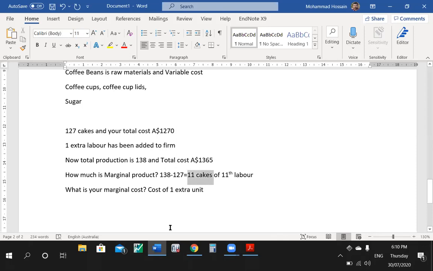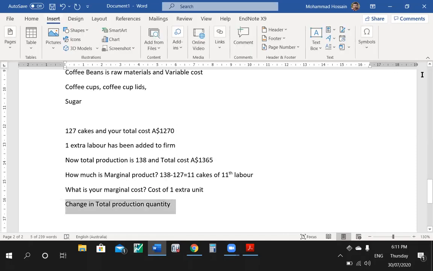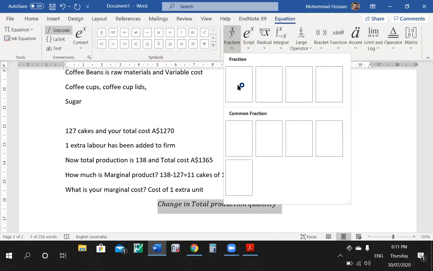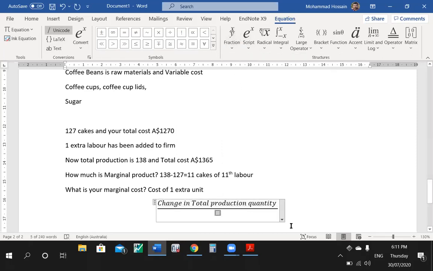So you write here: change in total production quantity, divided by, it will be change in total cost.